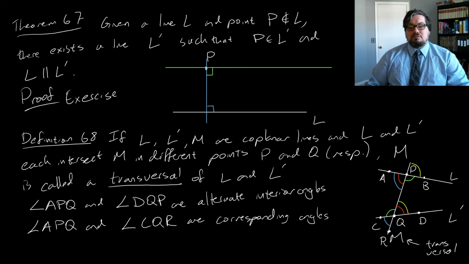So there are 2 pairs of alternate interior angles and 4 pairs of corresponding angles. And how these angles interact with each other is very important when it comes to talking about the lines L and L prime being parallel to one another. And the main theorem that we have with regards to this is the next one.